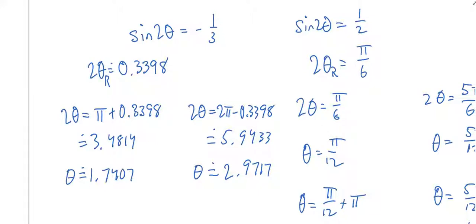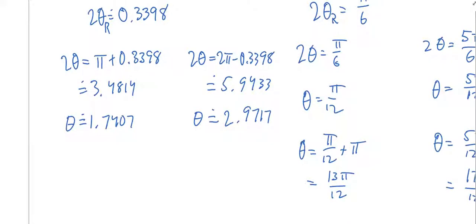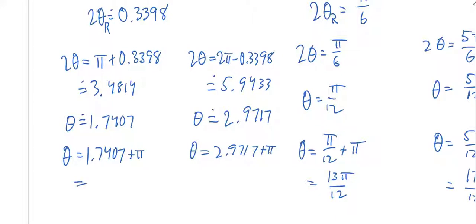Add pi. And the answers we get for these ones, I hope I have them written down properly here, are 4.8823 and 6.1133.